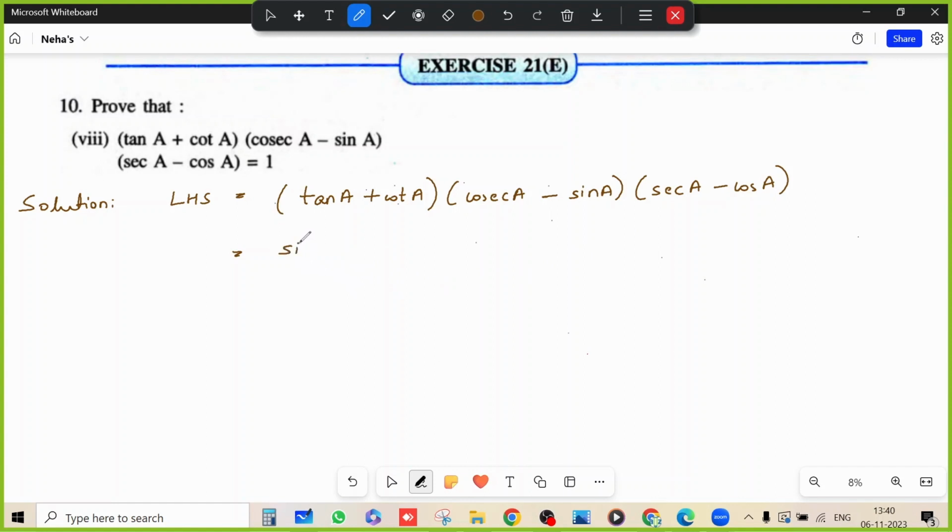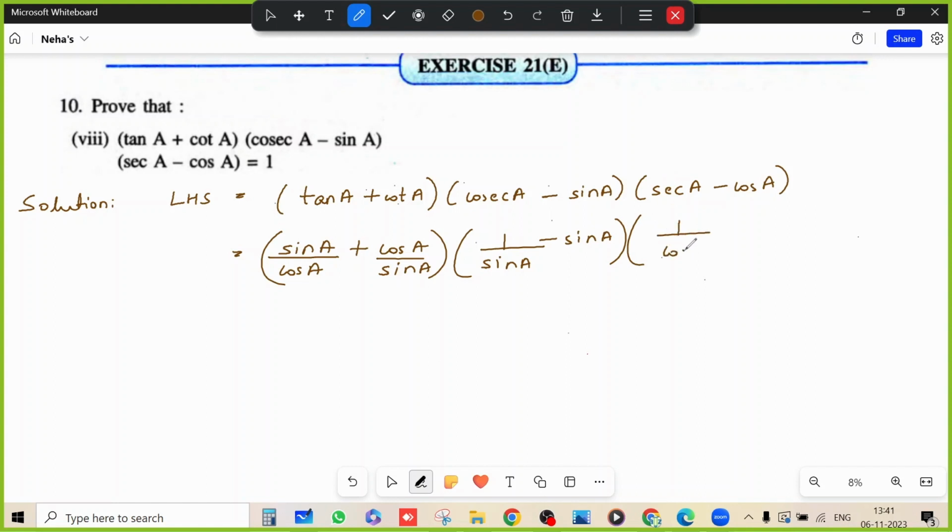So this will become sin A by cos A plus cos A by sin A. Cosec A can be written as 1 by sin A minus sin A. Sec A can be written as 1 by cos A minus cos A. Now, the LCM of the first two denominators in the first bracket is equal to sin A into cos A, and the numerator will become sin square A plus cos square A.